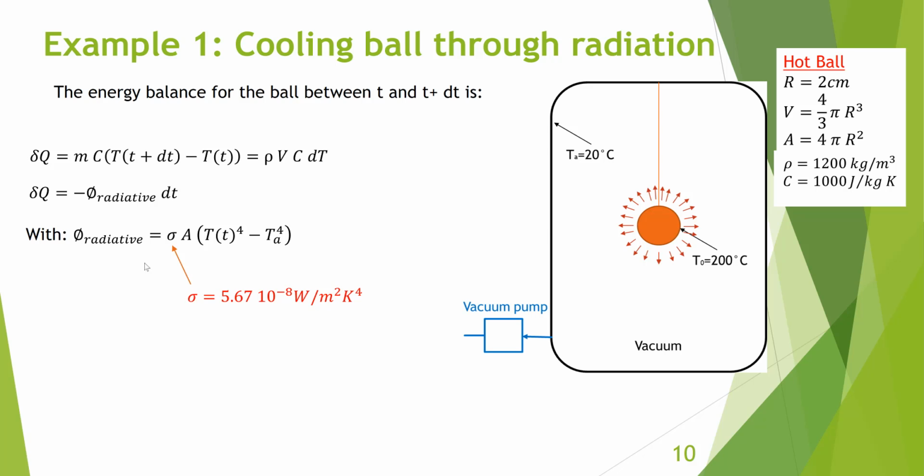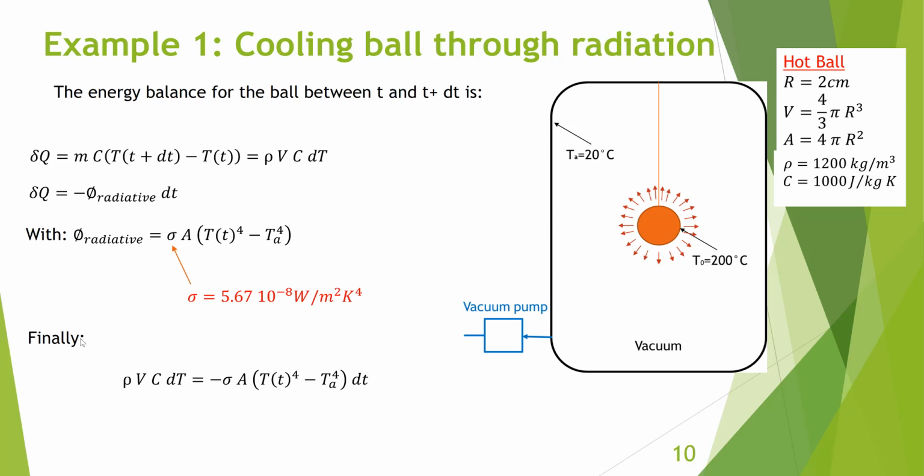So this is the radiative flow: sigma A, where A is the surface, times T to the power 4 minus Ta to the power 4. This is how heat transfer is done through radiation. The temperature here must be in Kelvin, or otherwise you will get an error.